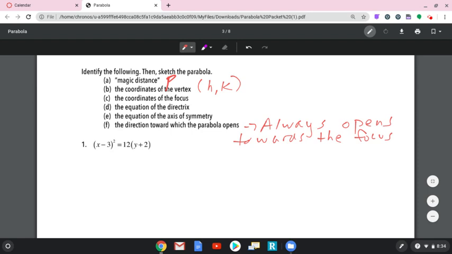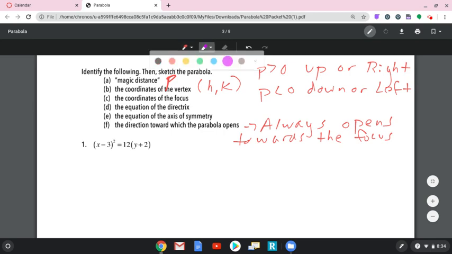The other thing you can say for when it opens, if p is greater than 0, it will open up or to the right, depending if it goes up or down or left and right. If p is less than 0, it will open down or left. A key little hint is it always opens towards the focus, but this will help you too.